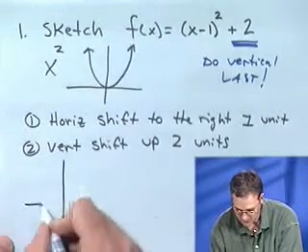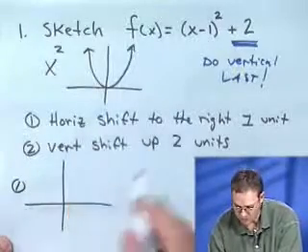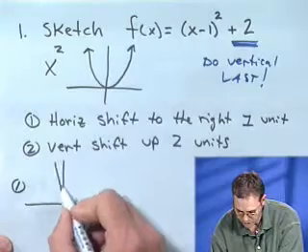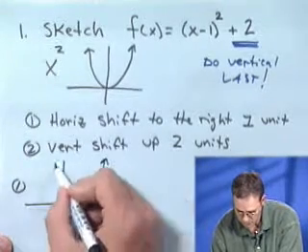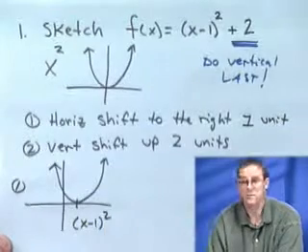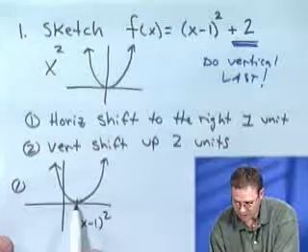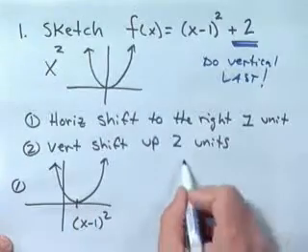All right. So here's the first shift. We're going to take x squared and we're going to shift it to the right 1 unit. So there's the function (x minus 1) squared. Nothing to it. And finally, we'll take this function and we'll shift it up 2 units.